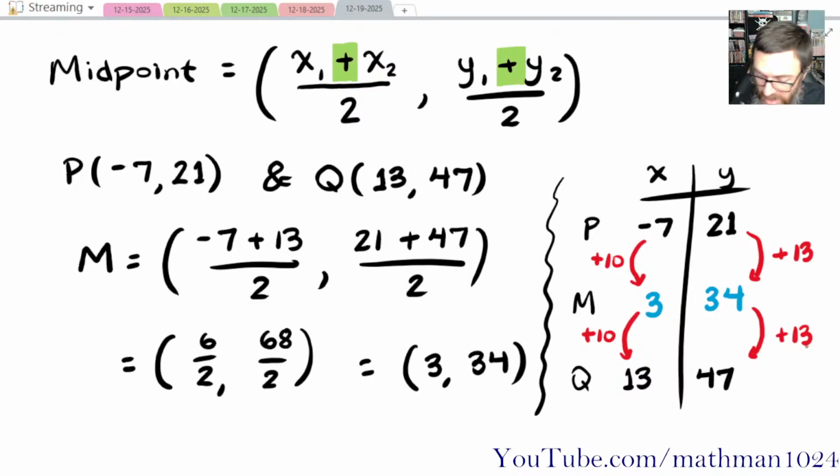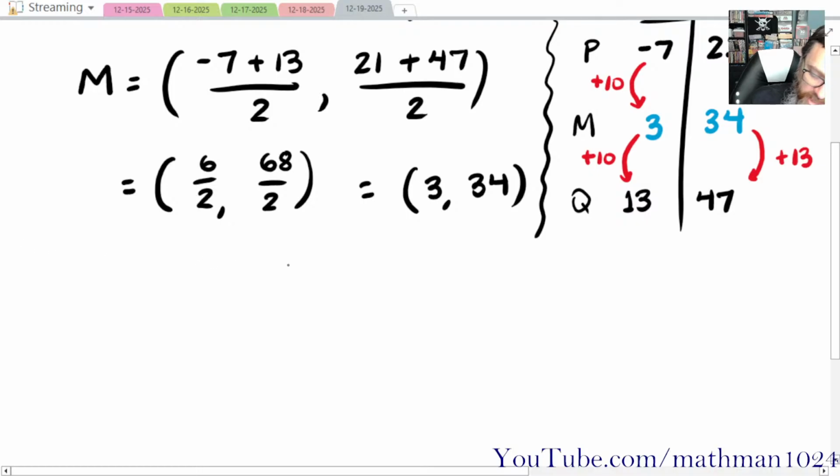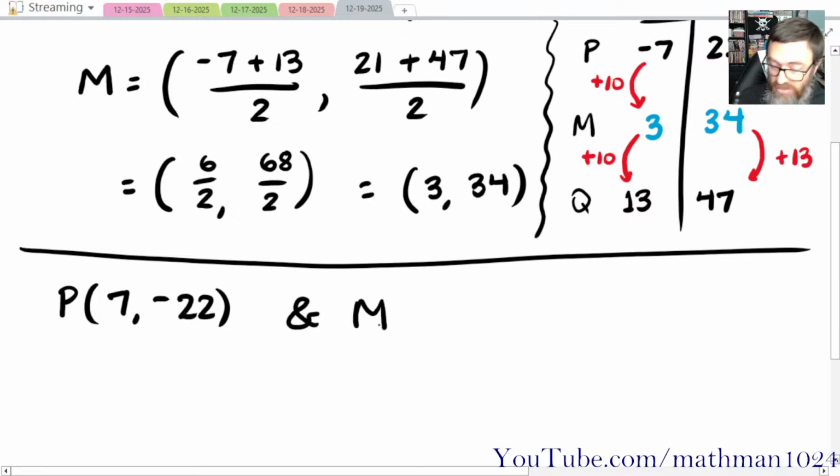Keeping that in mind, I'm going to change this problem up just a little bit. So if I tell you that we have one point, and let's call this 7, -22, and suppose I give you the midpoint, so it's a little bit different now.